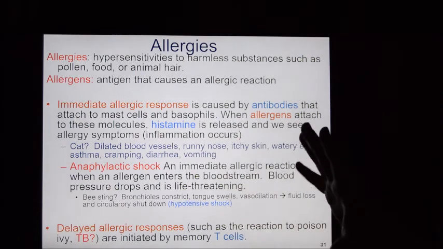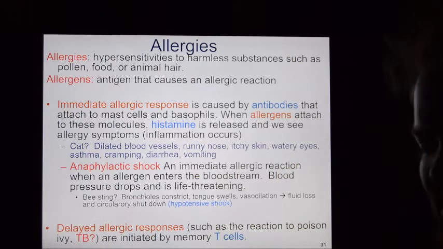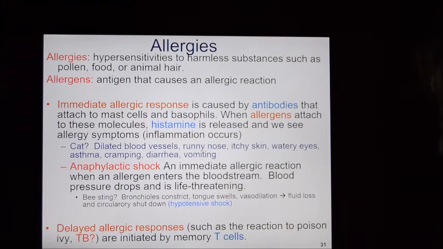The tongue can swell to the point that it blocks off the airflow. I mean, you name it. Even circulatory shutdown. People can die from this. Just like a honeybee. A honeybee sting can't hurt you. It's going to hurt a little, but it's not bad. Trust me, stepping on a Lego is about as bad as getting bit by a honeybee. But some people will die from this because of anaphylactic shock.